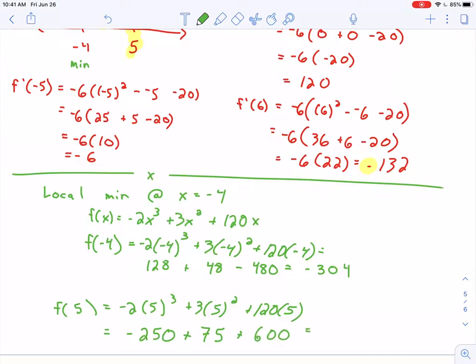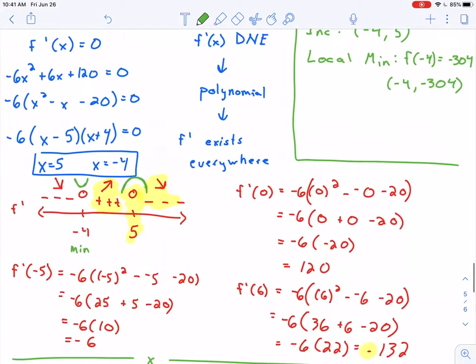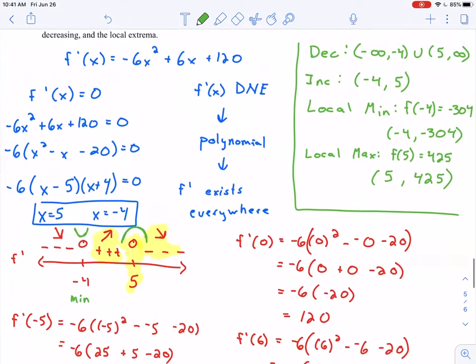Negative 250 plus 75 plus 600 gives 425. So I have a local maximum at f of 5 equals 425, or if you'd like to give the ordered pair, 5 comma 425.